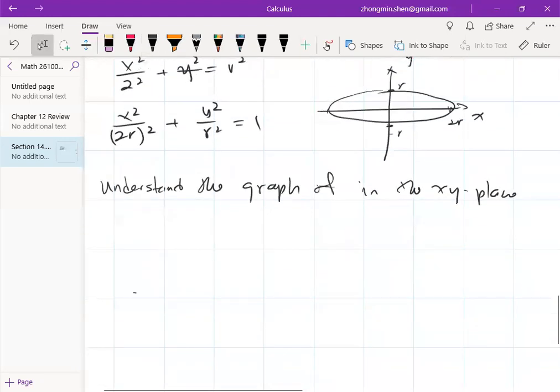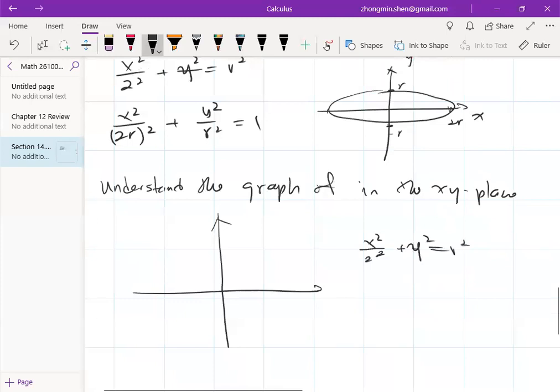How can I do that? All I have to do is draw the graph for different values of r. This is the x-axis, this is the y-axis.